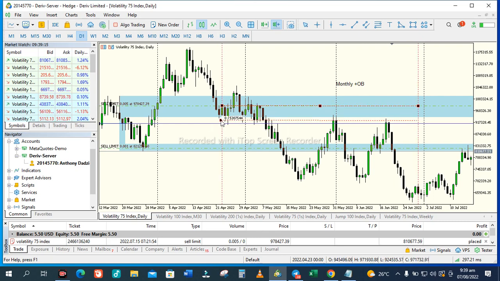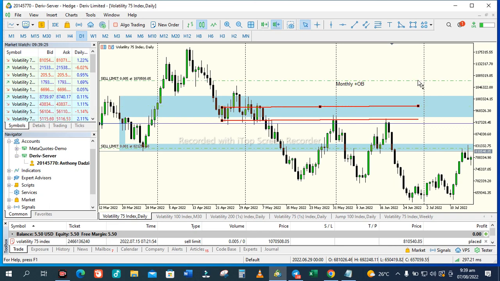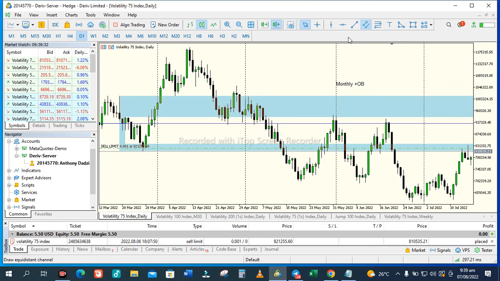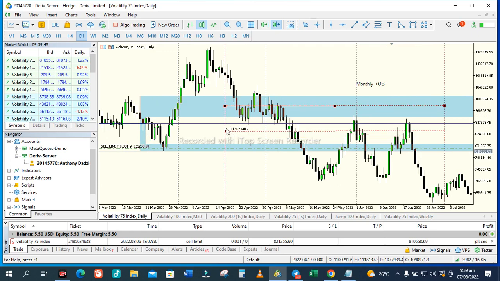On the smaller time frame you could find another one, sellers also came in here strong. My line is not straight. Sorry, let me delete this other one. I'm trying to get something from here. Good, so I found this. Let me show you what I found.